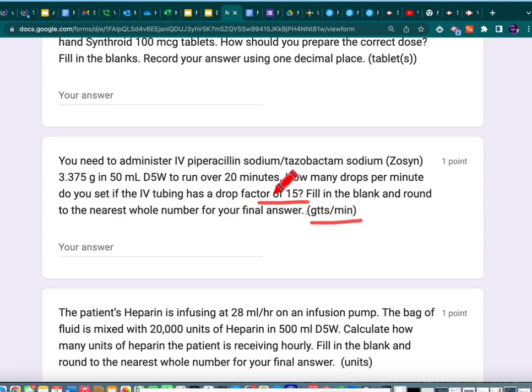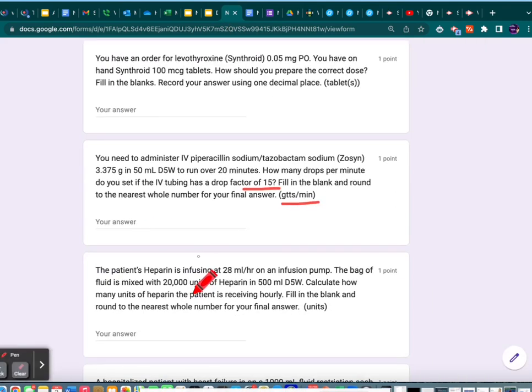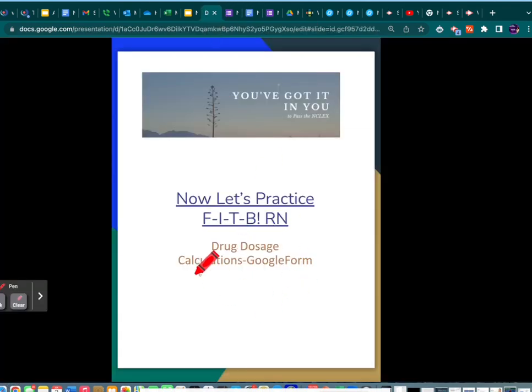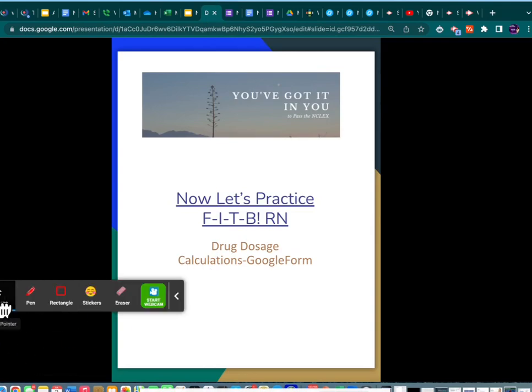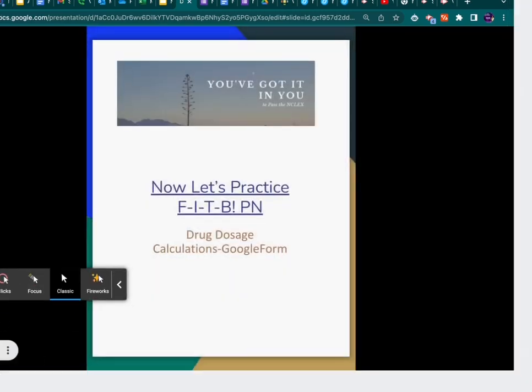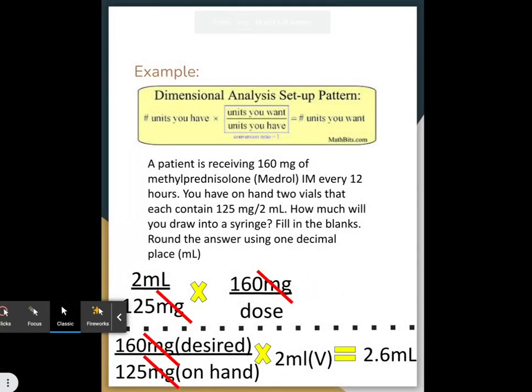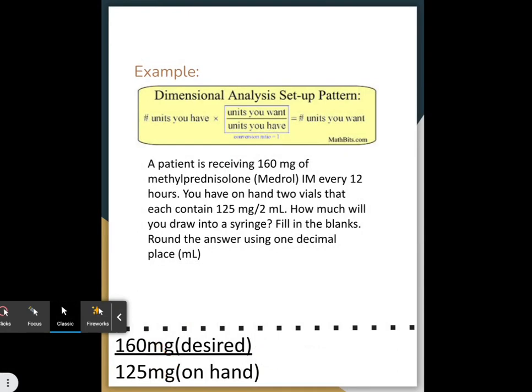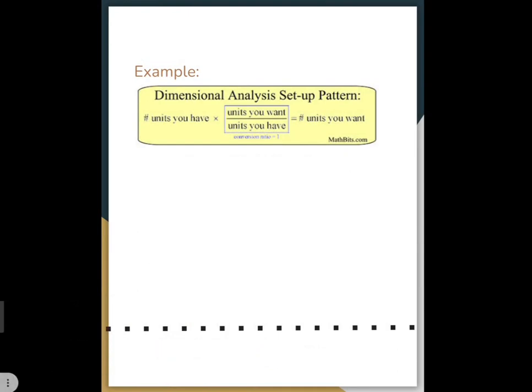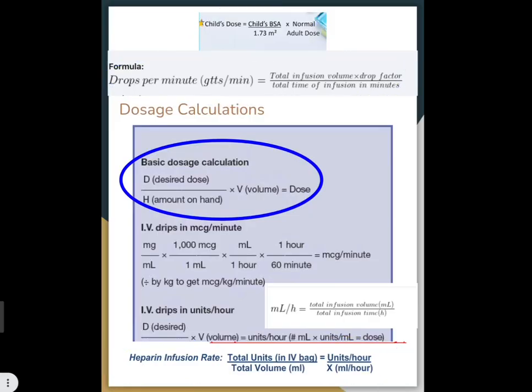Now, let's see if we can quickly go back to the dosage calculation questions that we were looking at earlier. Let's see if I can just go back and pick up the mouse for a second. Now, the one I want to show you, there it is.